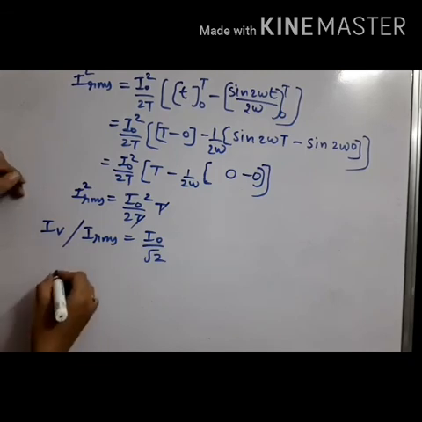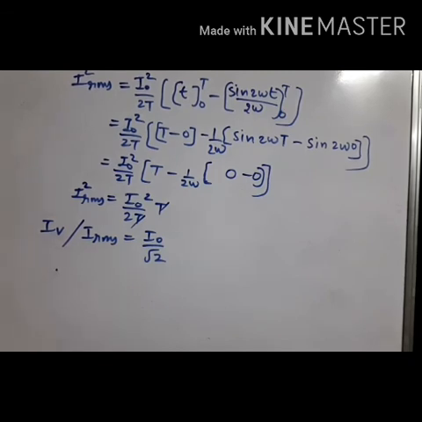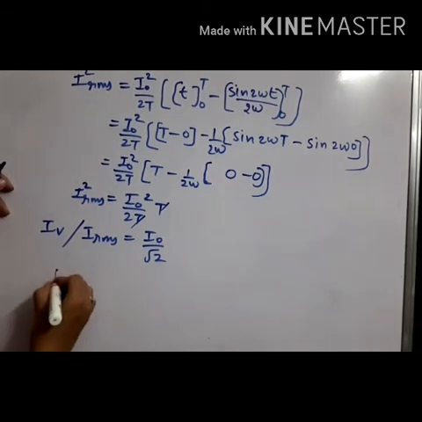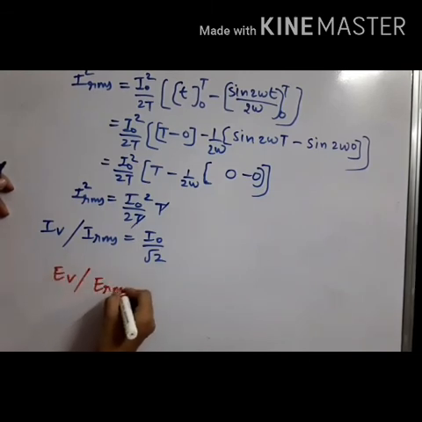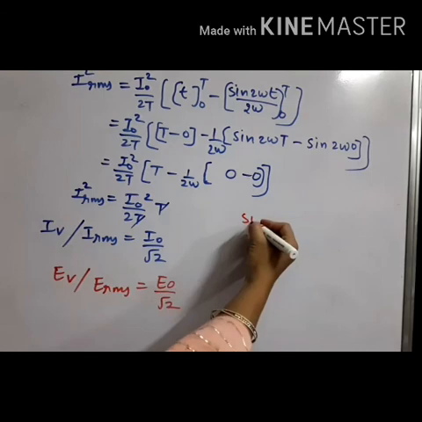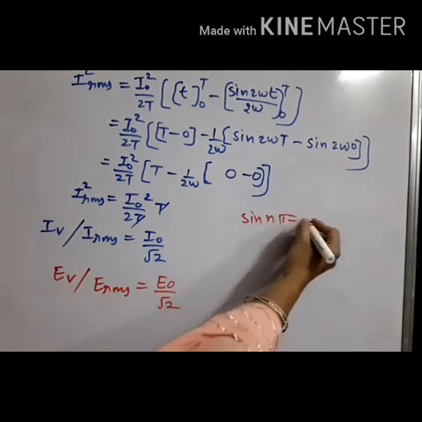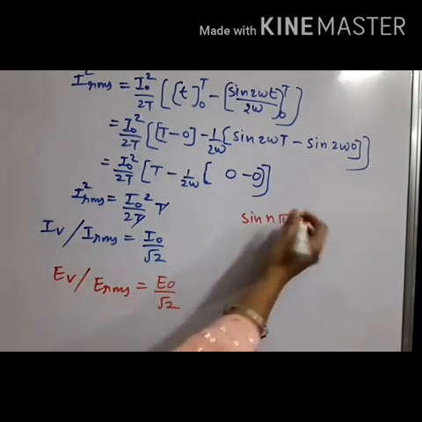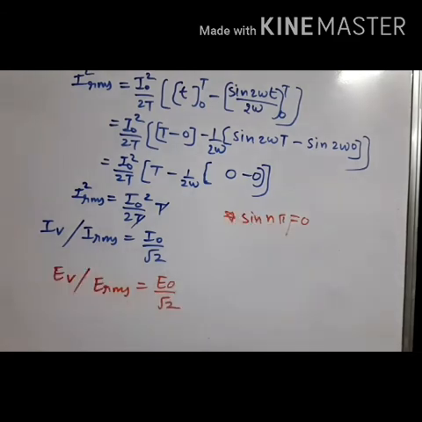In the same manner, if the formula for the alternating voltage is asked, voltage we write by capital E. So its formula will become E0 by root 2. Okay, and the formula which you need here: sine n pi is always 0. Remember this formula. Okay.